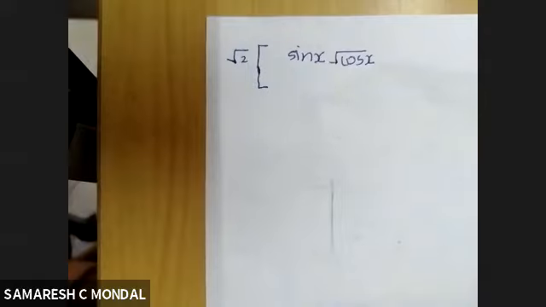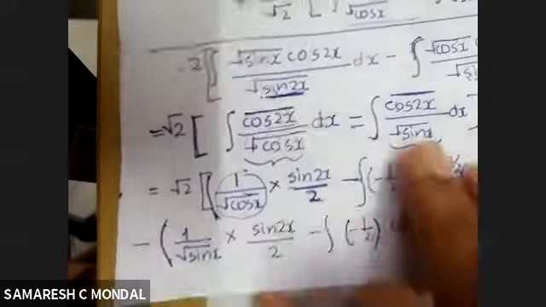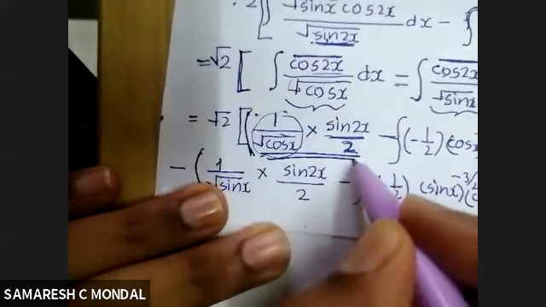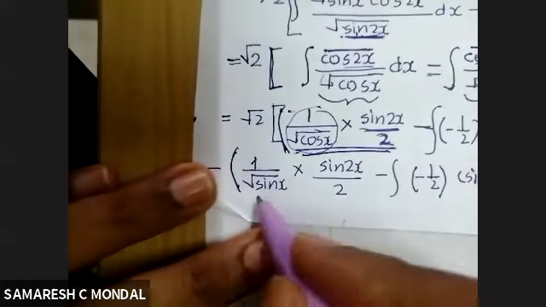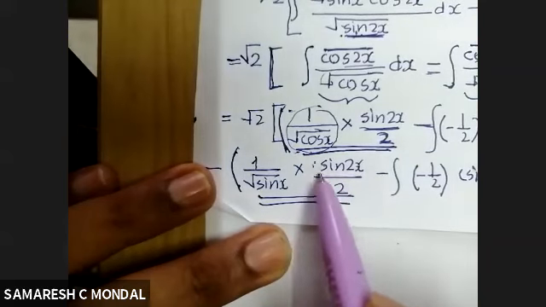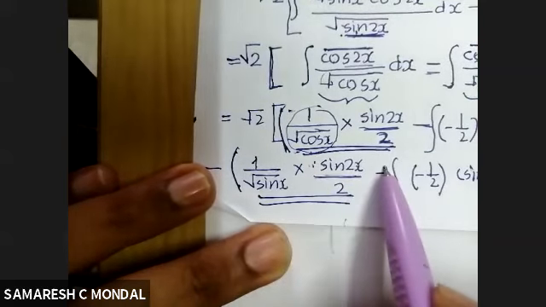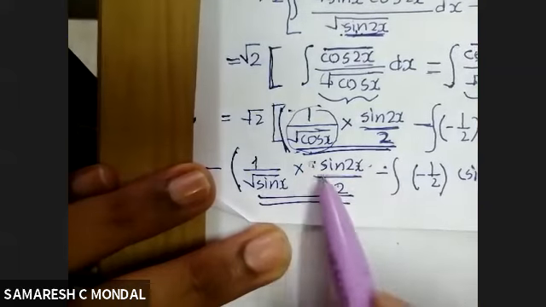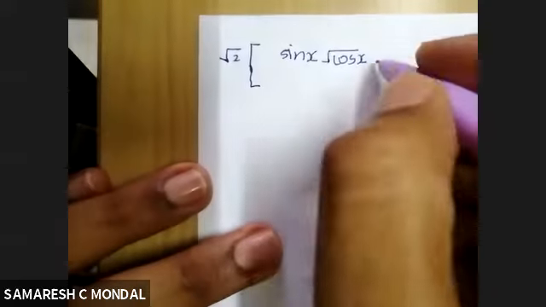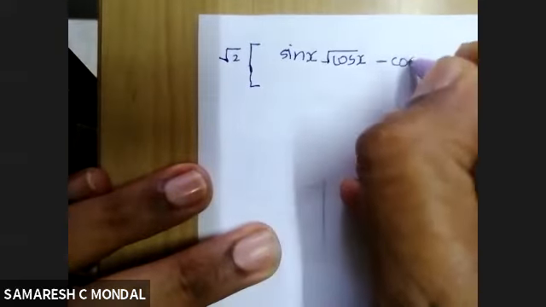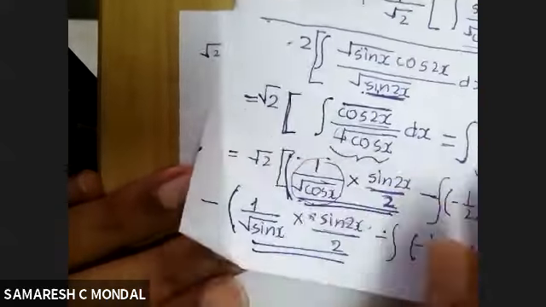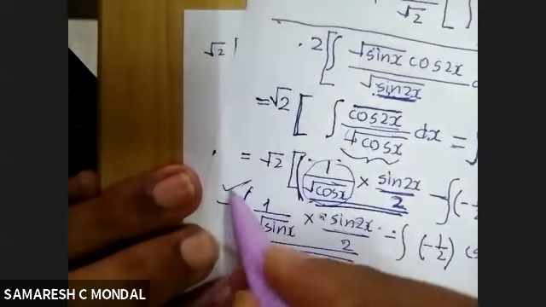I did this part. And for the second part, can I write again 2 sin x into cos x? 2 sin x into cos x, 2 gets cancelled and 1 root sin x gets cancelled. So it will come how much? Minus cos x into root sin x. Why did minus come? Because here minus was there.